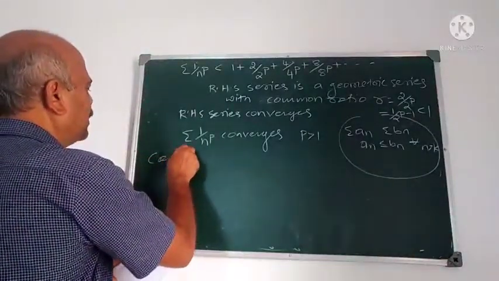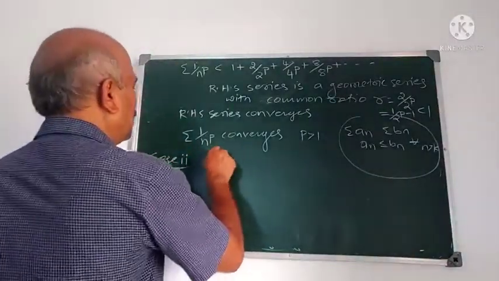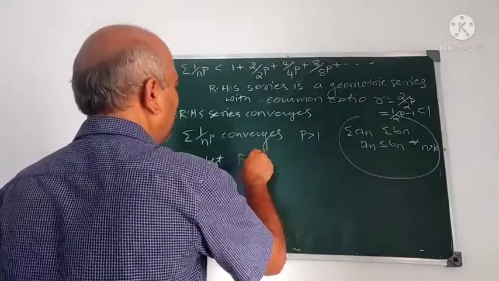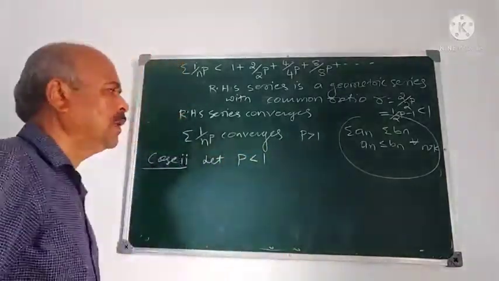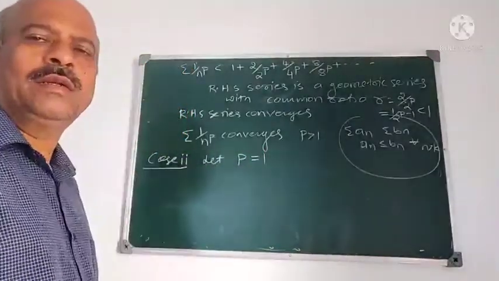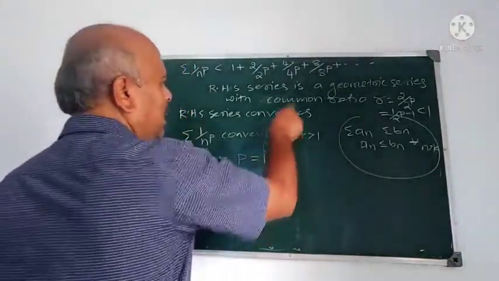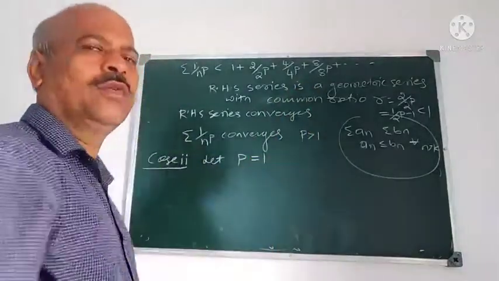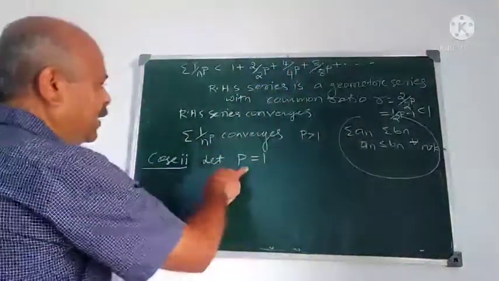Now, the second case is p is less than or equal to 1. Take p equal to 1. I said when p greater than 1 it converges, and when p is less than or equal to 1 it diverges. I will prove why it diverges.